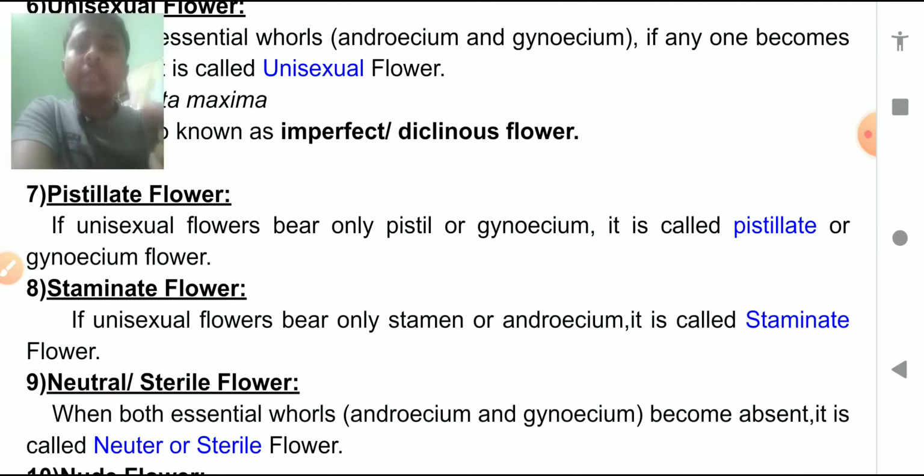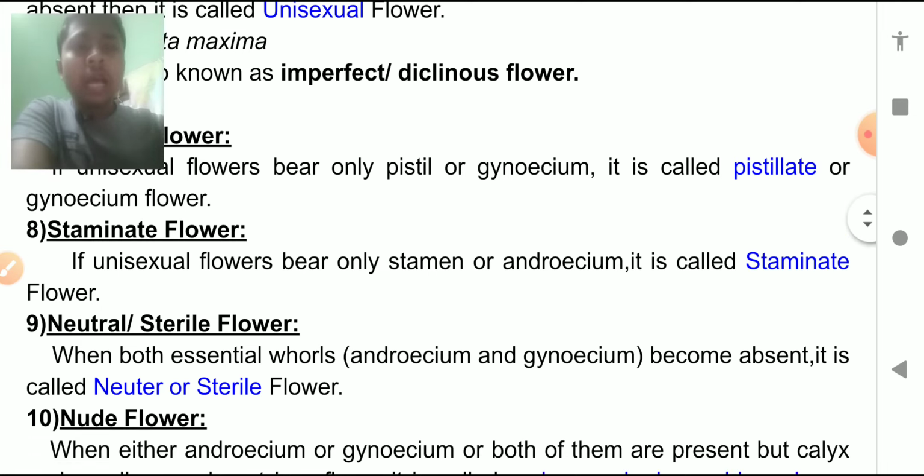So when a flower bears only one sex organ, if the essential whorl is only gynoecium, then it is called pistillate flower. At the same time, if a unisexual flower bears only stamen or androecium, the male sex organ, then it is called staminate flower. I hope this is clear.